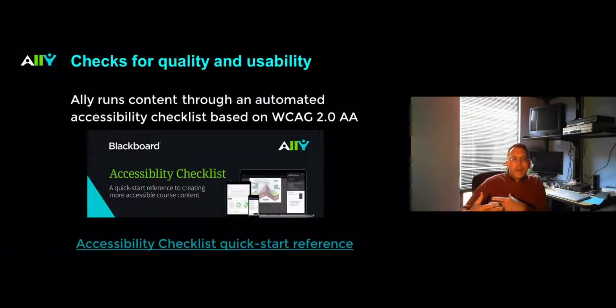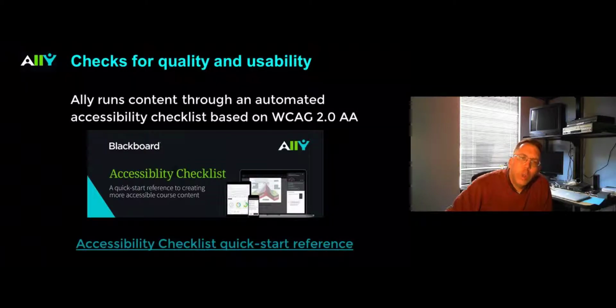Those things do not get scanned. So when you're doing those types of things, you want to make sure that you are making those accessible also. So if you're uploading images, you're going to put in alt tags, you want to make sure it's formatted well, those types of things. But Ally does not scan those. It just scans anything that you attach to your posts in Blackboard.